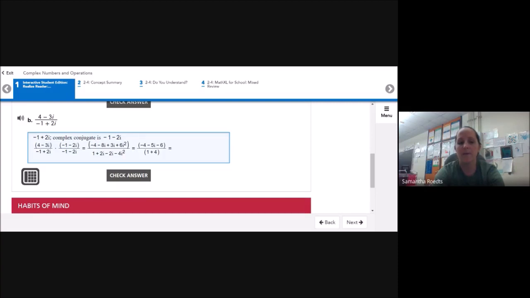This equals negative 4 minus 6 gives me negative 10 minus 5i over 5, which equals negative 10 divided by 5 is negative 2. And negative 5i divided by 5 is negative i.